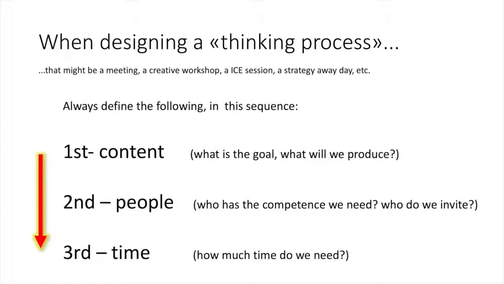Then, secondly, we try to understand who we need to invite, depending on the competences that we need in the process. And only at this point, we go for the 3rd step, which is deciding how much time we need.